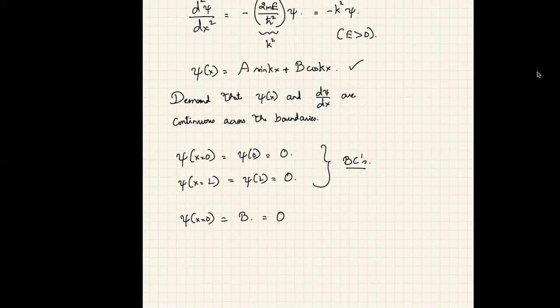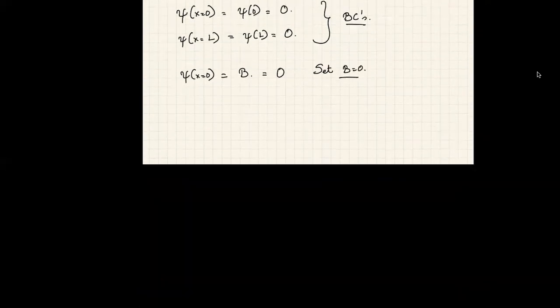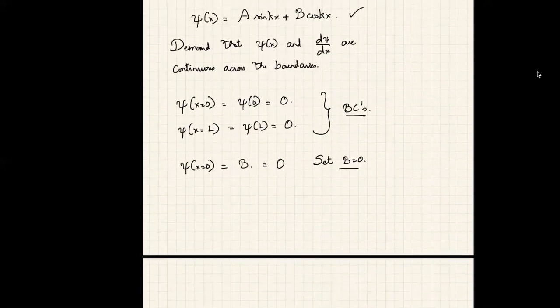The only way this can be 0 is if I set b equal to 0, right? So this equation tells me that b equal to 0. So my solution is not a general combination of sines and cosines. The cosine part does not respect the boundary conditions. I have to throw it away. So the general solution is only psi of x equal to a sine kx.